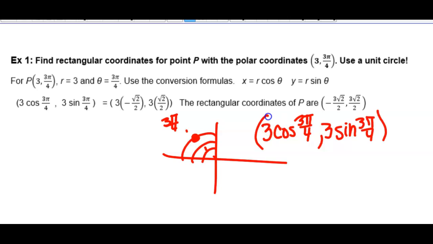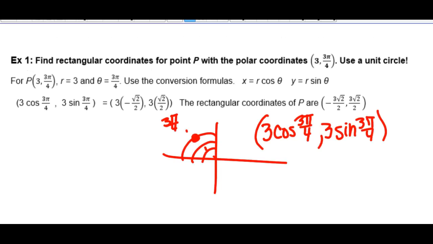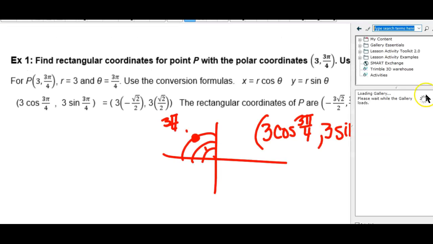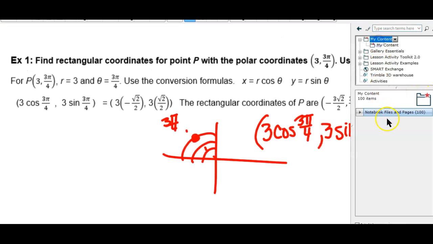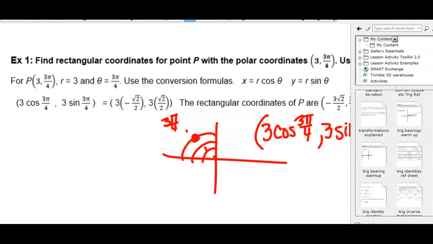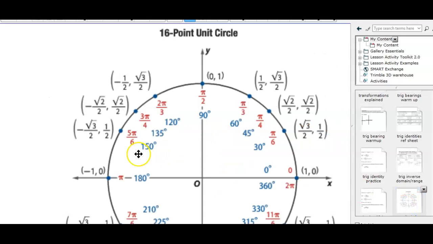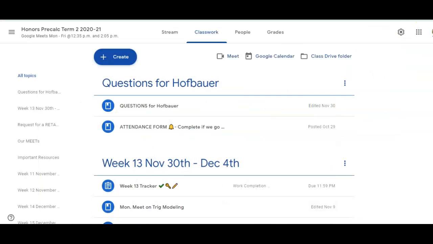Well, if you grab your unit circle, did I put one in here? I did not. If you grab your unit circle, and you go to 3 pi over 4, it's negative square root of 2 over 2, positive square root of 2 over 2. So, well, that wasn't a good plan.